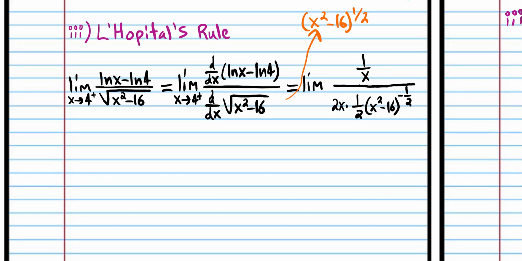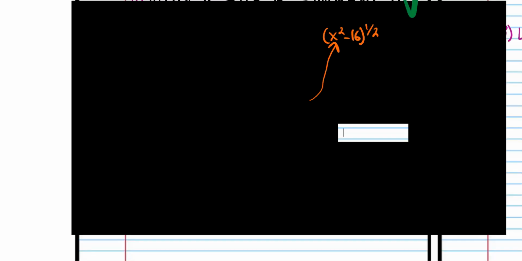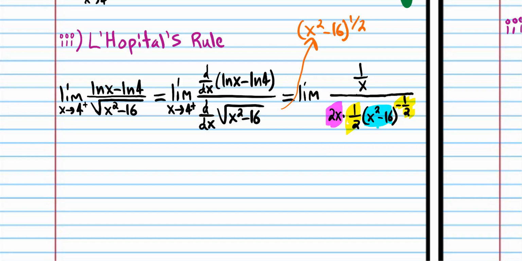So we have 3 steps for the chain rule. Step number 1, we find the derivative of the outside function. Step number 2, we keep the inside function. And step number 3, we multiply by the derivative of the blue expression, the inside expression. And that's the limit as x approaches 4 from the right.